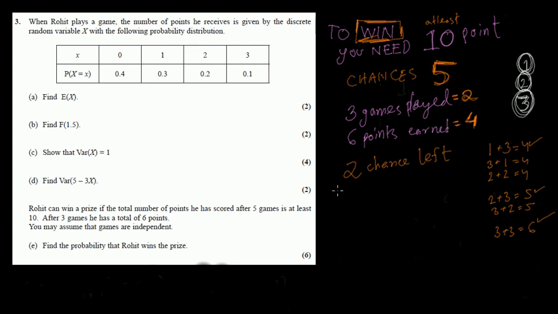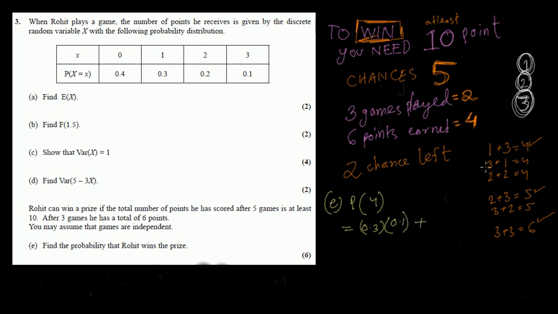So the presentation should be: probability of 4 points means 1 and 3, 4. So 1 is 0.3 and 3 is 0.1.